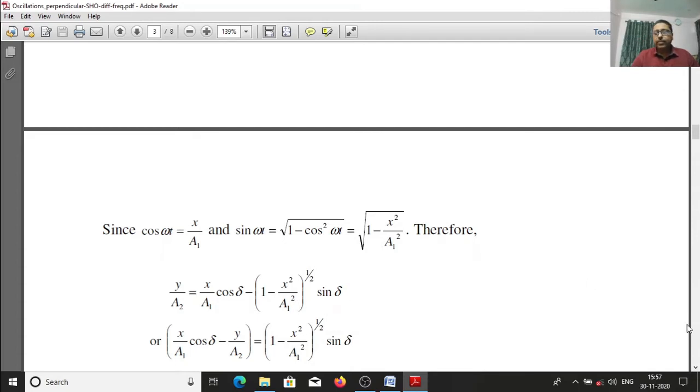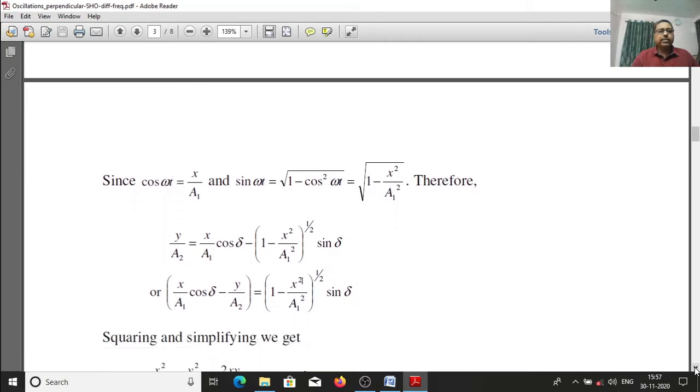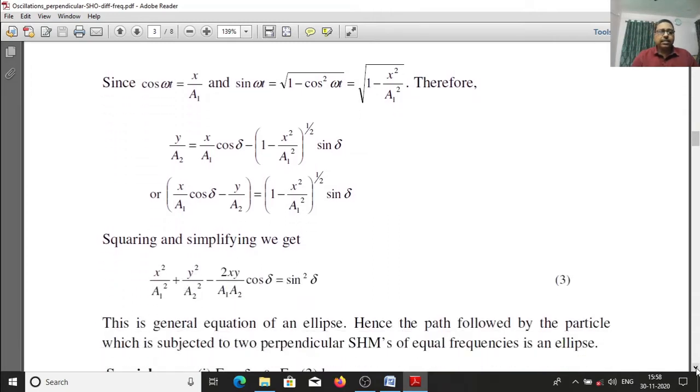By simplification we get x by a1 cos delta minus y by a2 equals the square root of 1 minus x square by a1 square times sin delta. Now squaring, we get x square by a1 square plus y square by a2 square minus 2xy divided by a1 a2 times cos delta equals sin square delta.